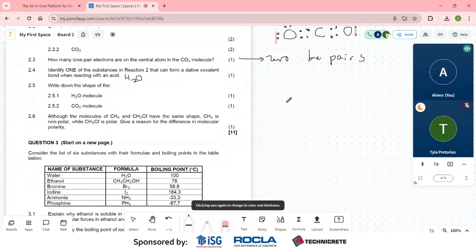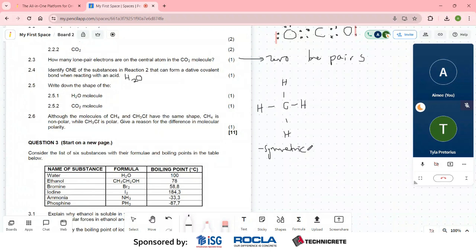So CH4. Why is CH4 nonpolar? CH4 is nonpolar because it is symmetrical. And the fact that every single atom surrounding this carbon is identical tells you that the electron distribution all the way around the molecule is even.